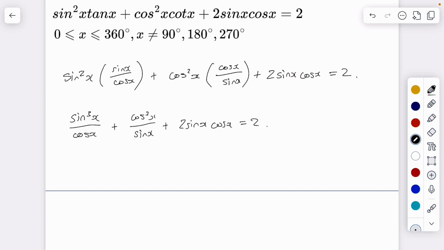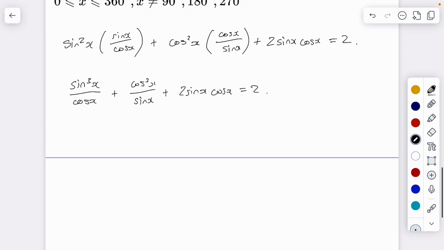And from here, we're going to multiply to simplify the equation. So what do we multiply by? Well, we're going to multiply by sine x cos x.